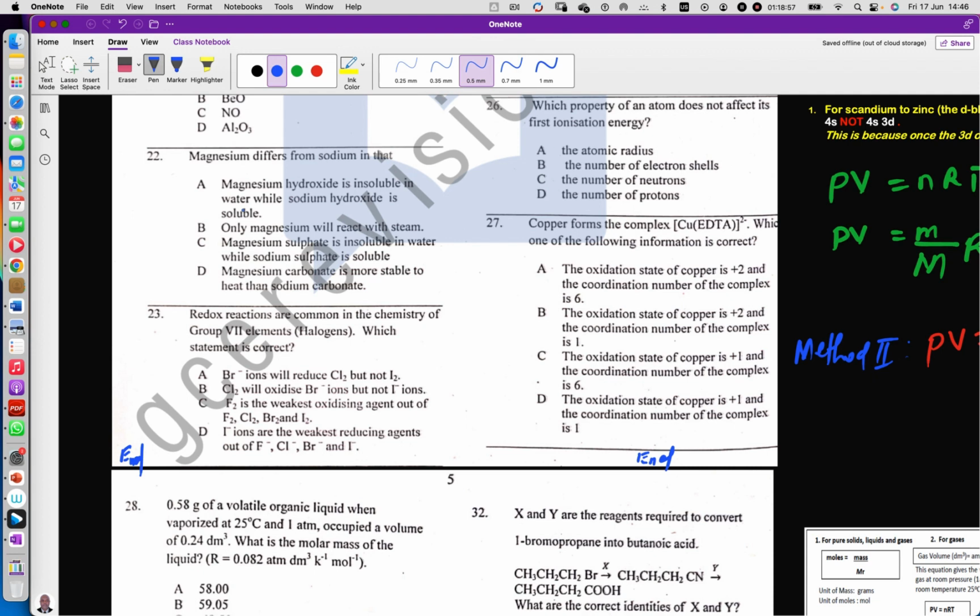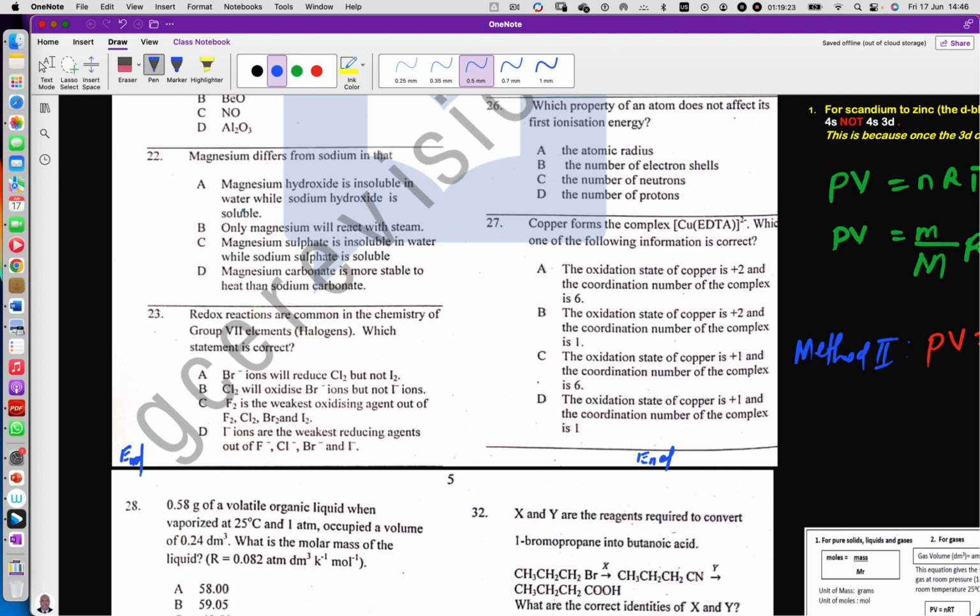Chlorine is higher in the group, so it will oxidize bromine ion. But how can you say not iodine ion? Bromine will oxidize iodine, and chlorine will oxidize bromine as well as iodine. So the statement is wrong.